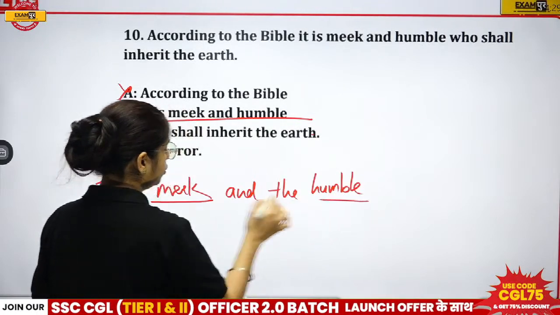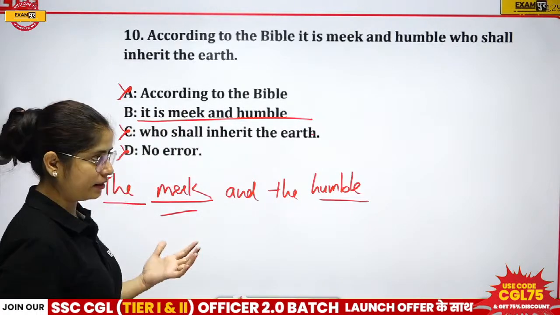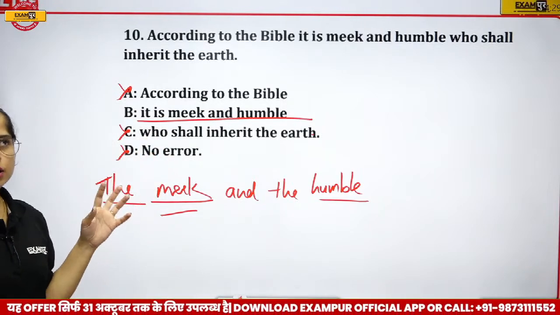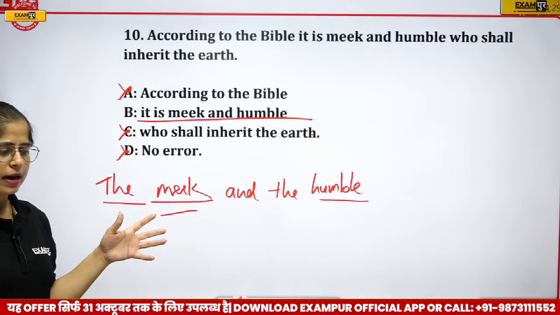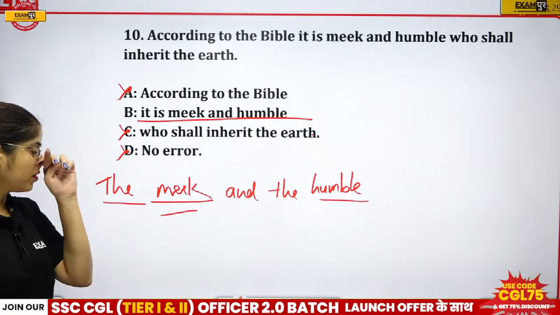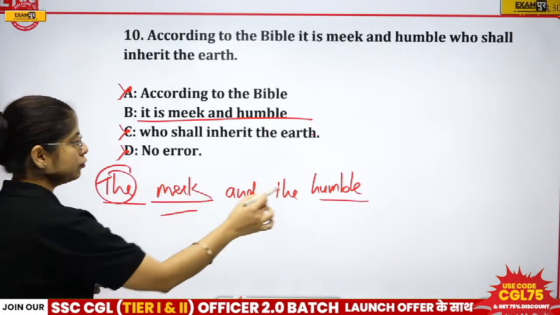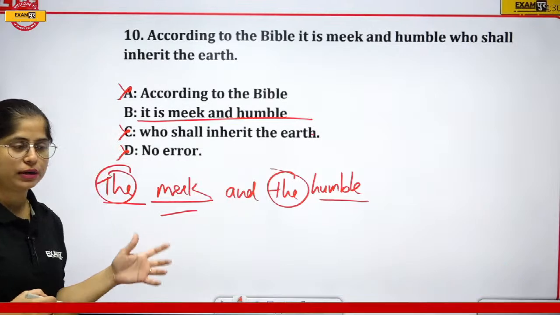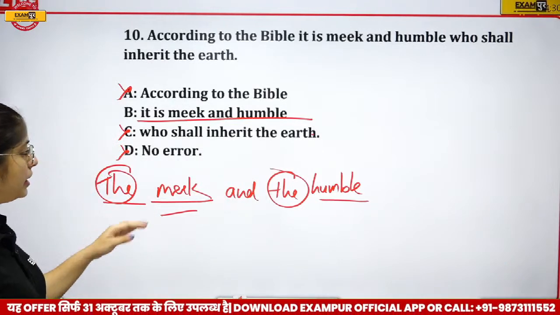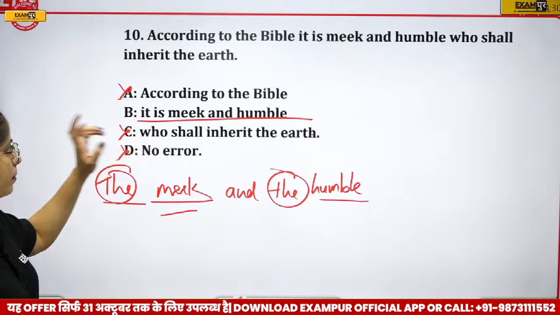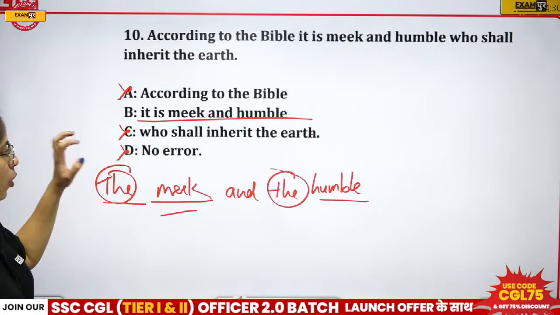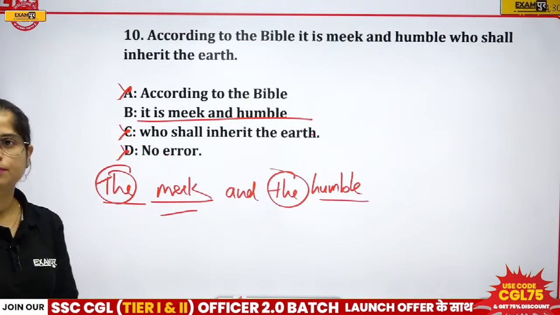Basically, these two words, meek and humble, are adjectives, but here we are referring to them as people, as persons. So you have to use article the to make it a noun and to make it a plural noun, right? So the meek and the humble. According to the Bible, it is the meek and the humble who shall inherit the earth.